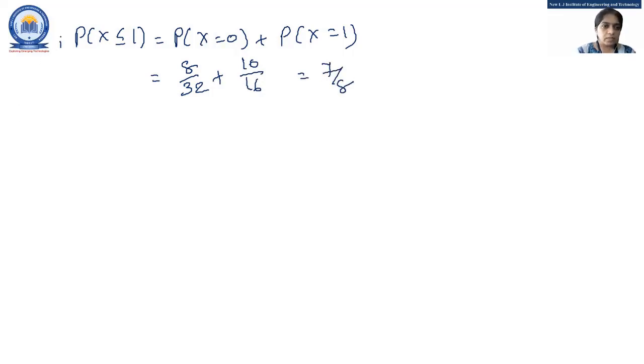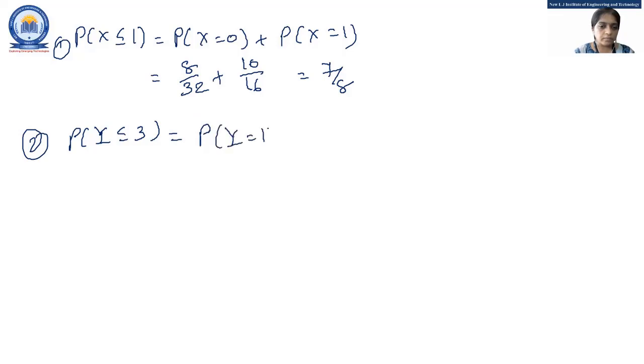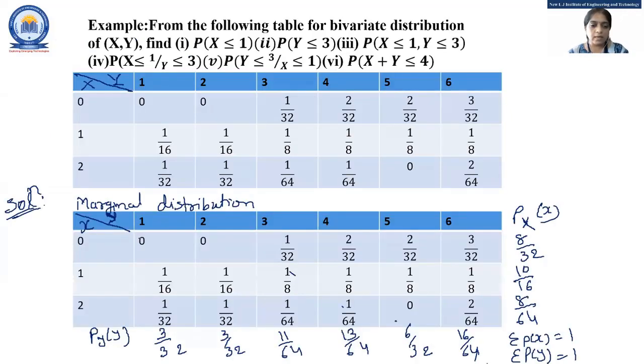Now the second one: the probability of capital Y less than or equal to 3. It means the probability of Y equal to 1 plus Y equal to 2 plus Y equal to 3. Now what are the values for 1, 2 and 3? See here, for Y equal to 1, that is 3 by 32. For Y equal to 2, it is 3 by 32.